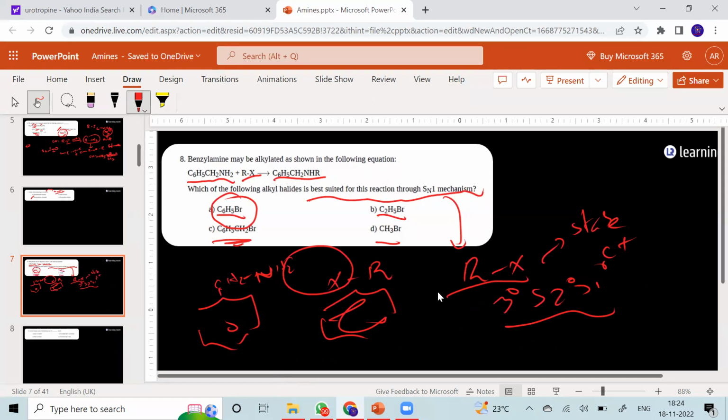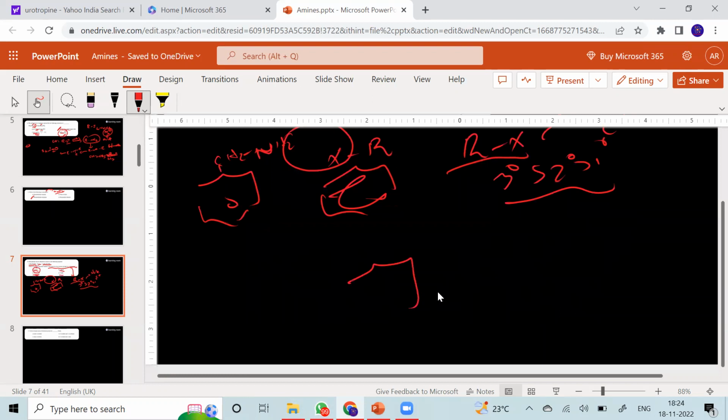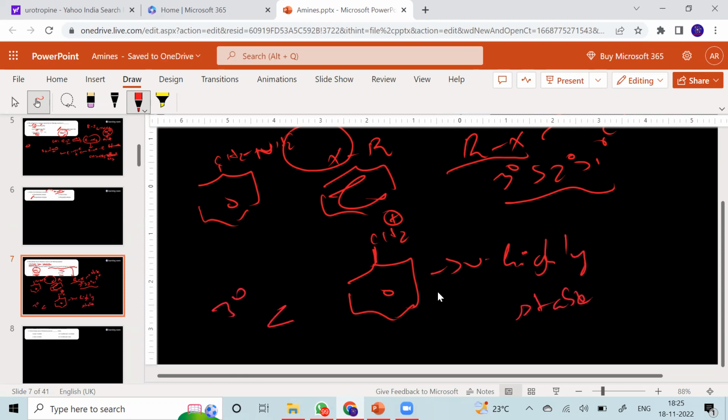But if you understand this carefully, if I go for this CH2 plus, which is going to form after the Br minus leaves, it is very highly stable. Why is it stable, people? It is even more stable than tertiary. Why? Because it's very simple, right? The double bonds in the benzene ring will be involved in resonance with this.